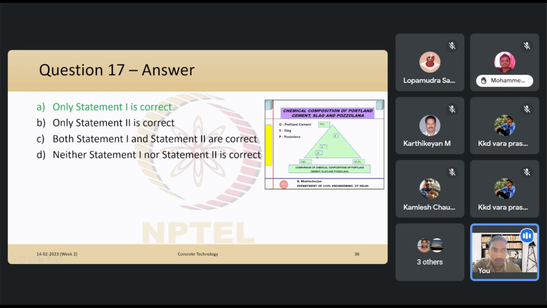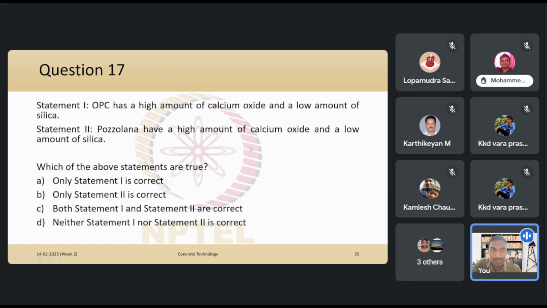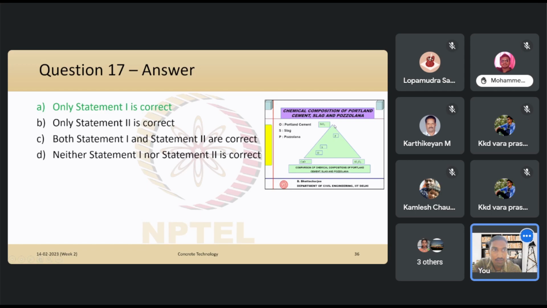When you look at OPC, there is high CaO, so we are towards the vertex where 100% CaO is. The other one we are talking about is silica, which is this vertex. This vertex is 100% silica, whereas here it is 0%. So the silica content is lower but CaO is higher for OPC.